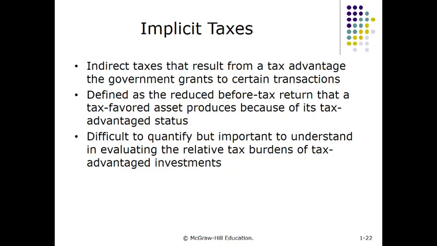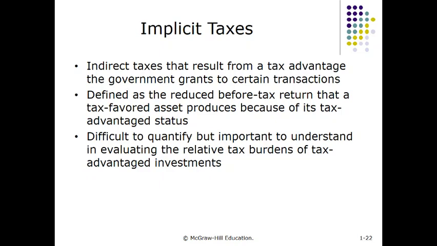And so implicit taxes are defined as the reduced before-tax return that a tax-favored asset produces because of its tax advantage status. If you look in the book, there should be an example of this on page 16, example 1-12.